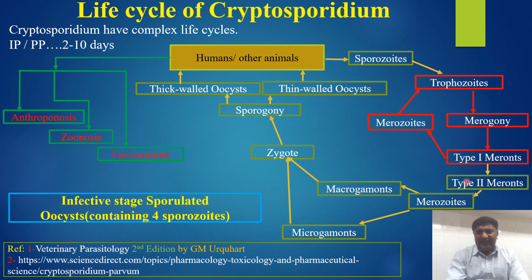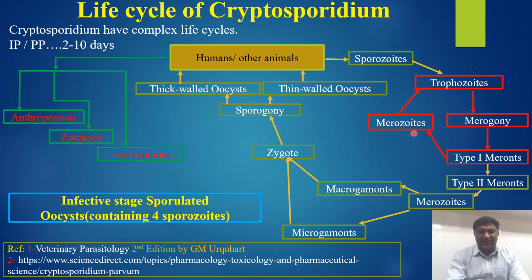And then again the type two meront, and then merozoites, then these merozoites change into the two main gametes, macrogametes and microgametes, and these two gametes combine to form the zygote, and then the zygote changes into sporogony, and this sporogony ultimately produces the two main types, the thin-walled oocyst or the thick-walled oocyst.